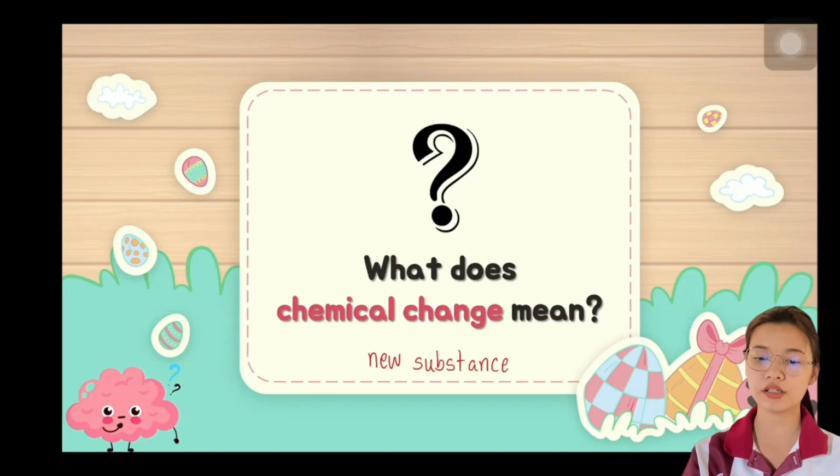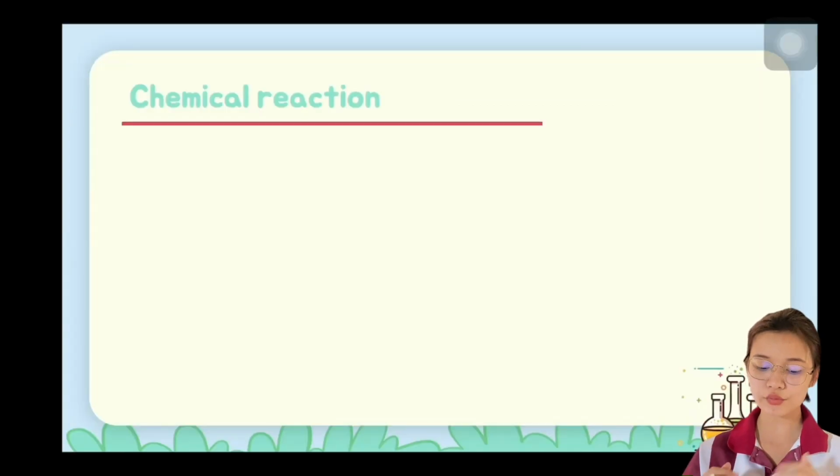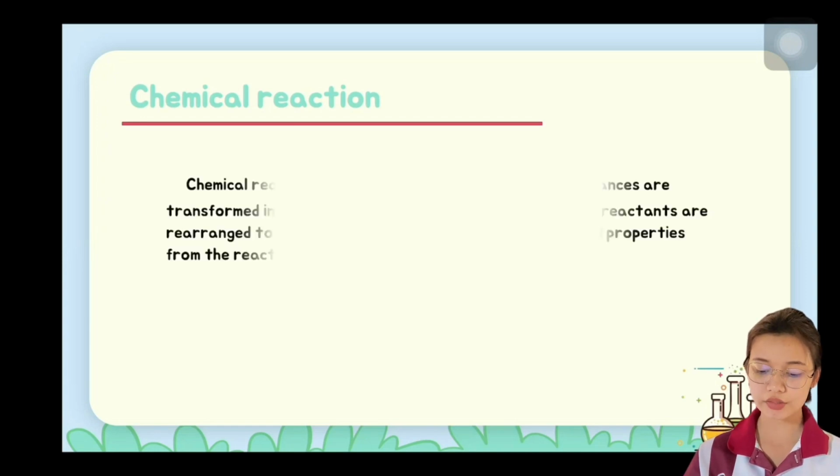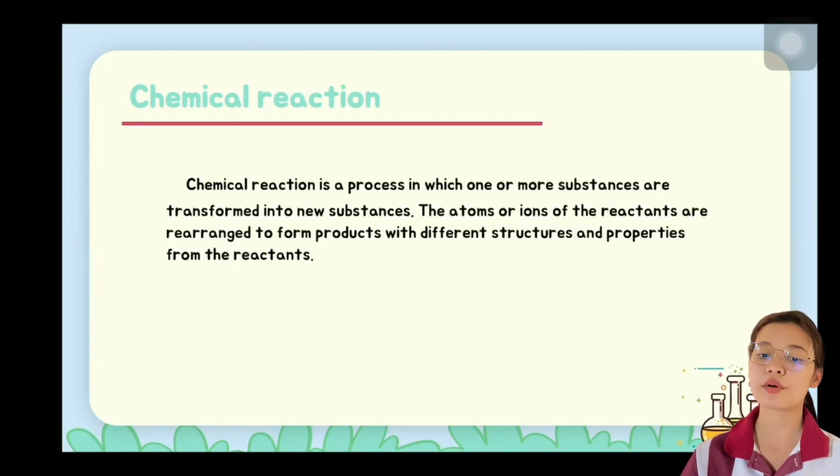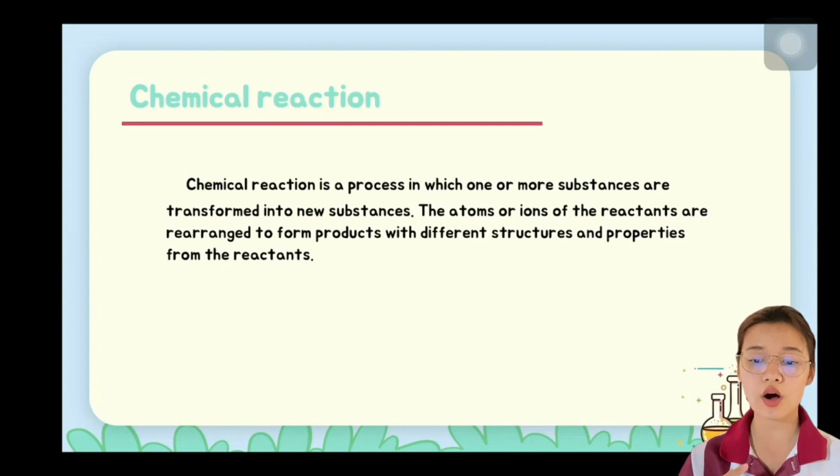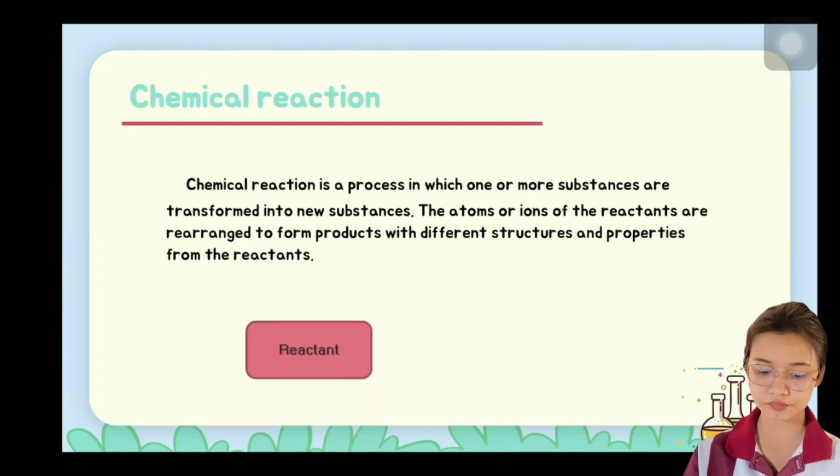Okay. The first part I would like to ask about is the definition of chemical reaction. A chemical reaction is a process in which one or more substances are transformed into new substances. The atoms or ions of the reactants are rearranged to form products with different structures and properties from the reactants.